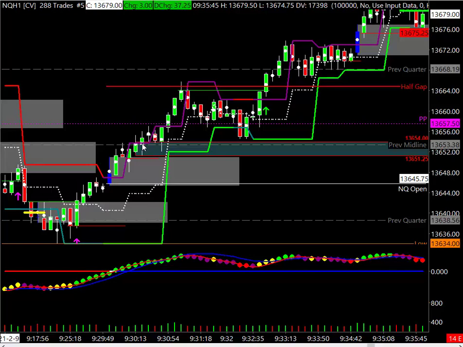We come back and test this with a higher low on top of our volume, already on top of another higher volume. This here is a buy signal for me.